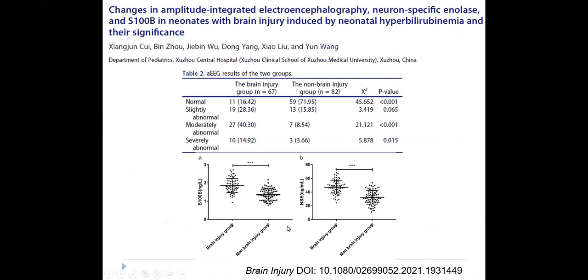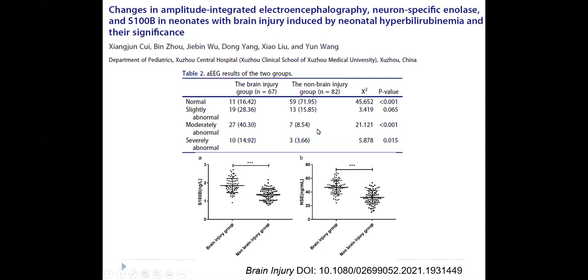When they analyzed the aEEG result, you can see the abnormal pattern in the brain injury group versus the non-brain injury group. It was very significant. Remember, moderate abnormal pattern is equivalent to burst suppression pattern.